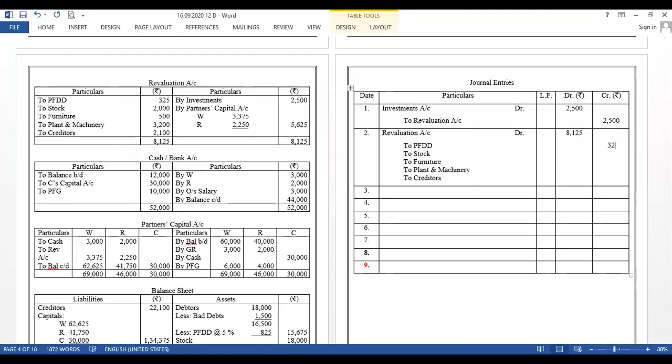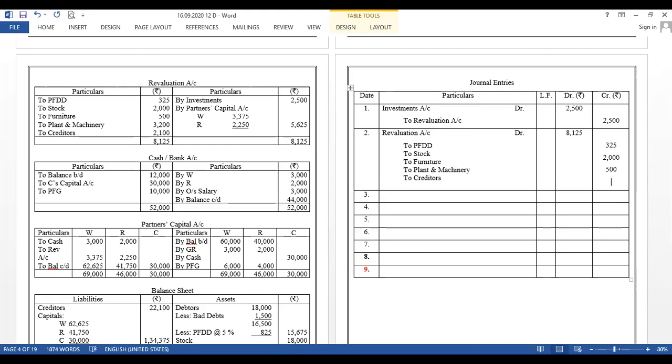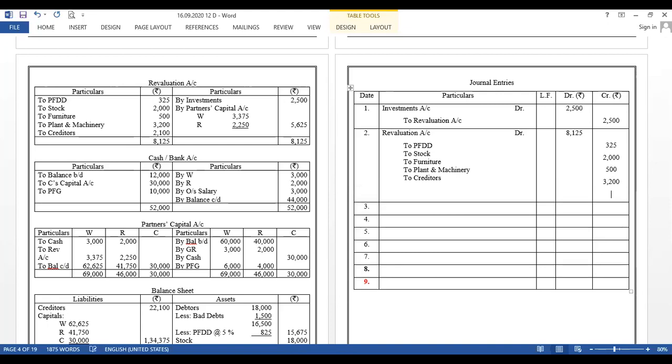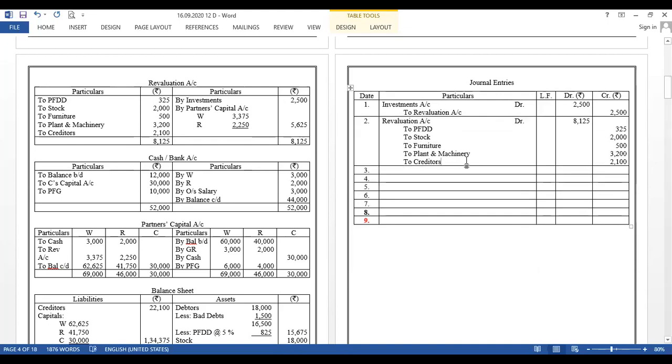The values are 325. We will have a very special entry for provision. Actually, I'll come to that. Furniture is 500, plant and machinery is 3,200, and creditors is 2,100. Right. So we are done with the two entries from here. I always prefer this: first profit, second losses, and third the distribution of profit and loss.